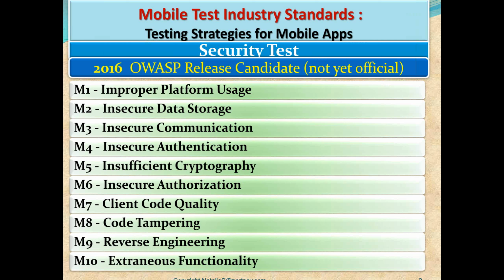Note that anything and everything related to TLS or SSL goes to M3, that insecure communication. Also, if the app fails to use cryptography at all when it should, that probably belongs in M2. So this category is for issues where cryptography was attempted, but it was not done correctly.